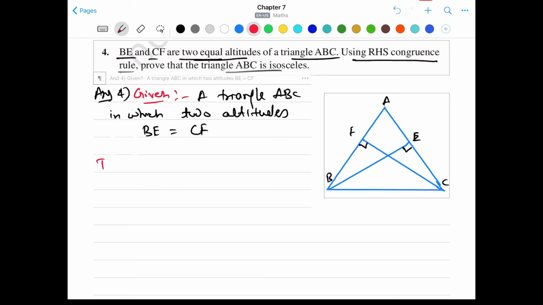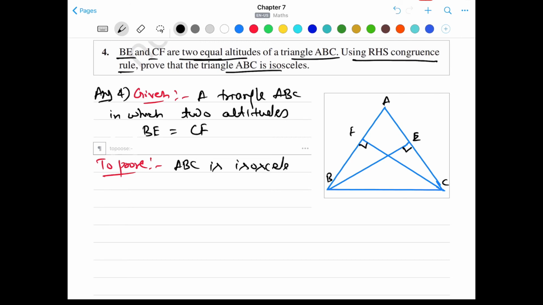That is, it's given that the altitudes are equal. We have to prove that ABC is an isosceles triangle. Let's start its proof.